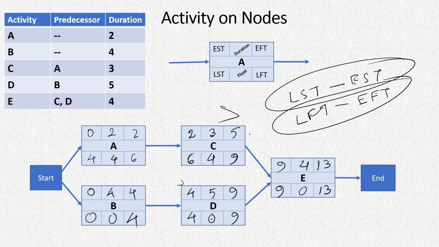Now in a particular path, the float of all the activities will be actually equal. That means all these activities can be only delayed by 4 days, and if you delay this activity by 4 days, that means this activity can no longer be delayed, it has to start on time. So try to remember that part. So this is how we deal with the forward and backward pass in the activity on nodes method.